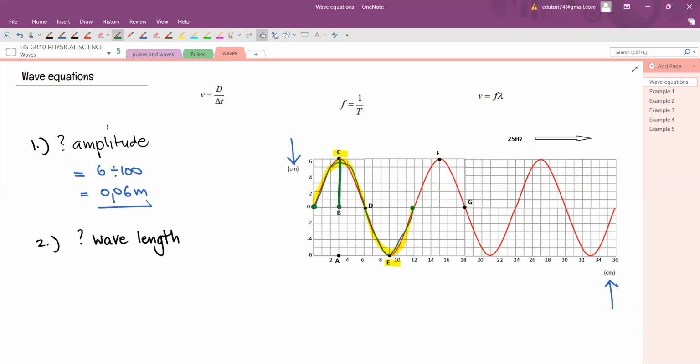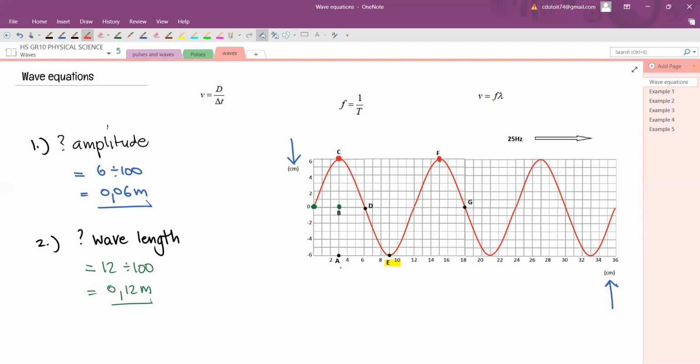Okay, so let's just get that quickly. Is that 12 centimeters? Can you see that? Is it clear enough? Yes. So that is 12 divided by 100, and that is 0.12 meters. That's your wavelength. There's another way to determine the wavelength. You can calculate the wavelength from one of the crown areas to another one.